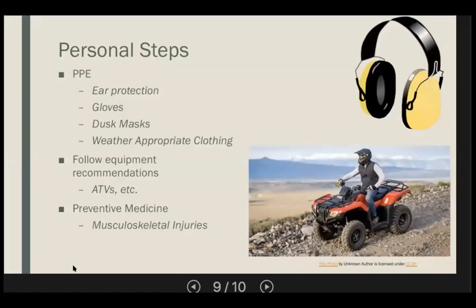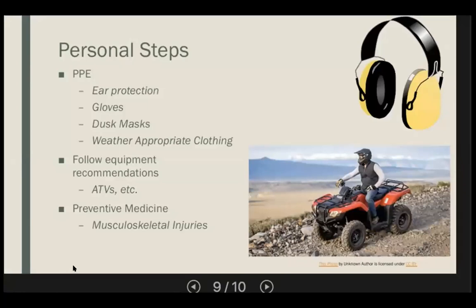So some of the personal steps that farmers can take to mitigate the risks are using PPE, such as ear protection, like the little things that you shove in your ears, or the headphones. And then wearing gloves when you're working with power tools, so that way your fingers don't get caught. Dust masks to keep those particles out.